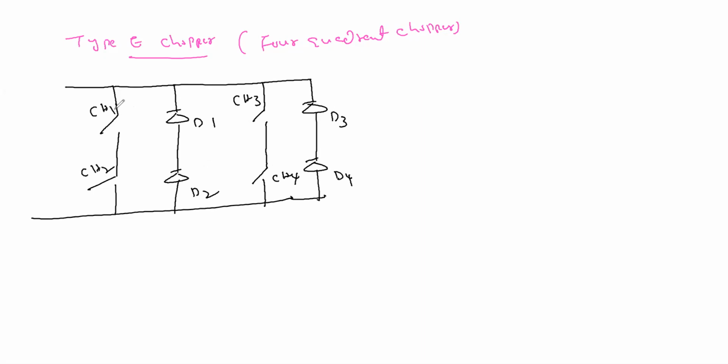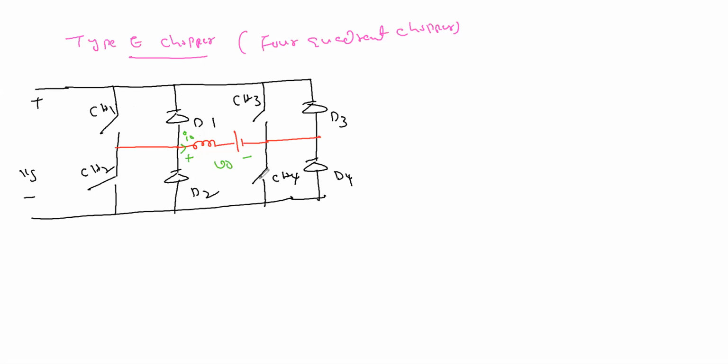Okay, these are choppers, means switches only. And where is your load? My load कहाँ है? Load is here now. And positive directions are V naught and I naught here.